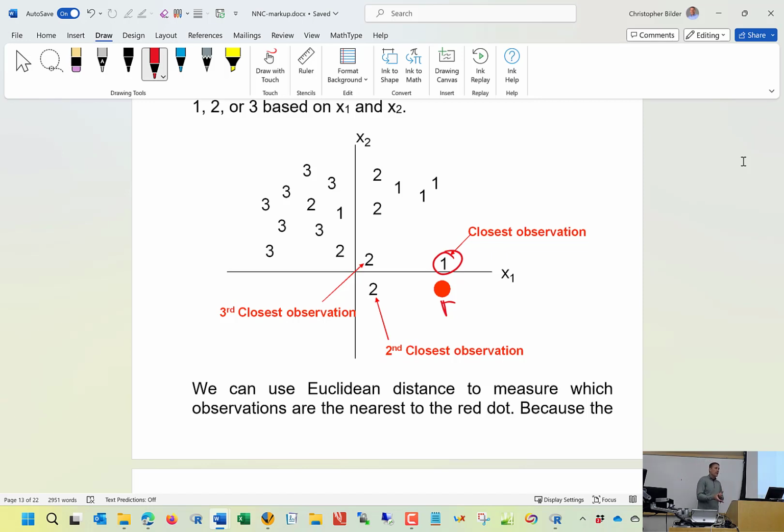If instead we use the function knn, and this red dot was in my data set, and we were trying to classify or predict the observations in this data set itself, then whatever the particular group for that red dot, let's say it was 1, that would be factored into the k nearest neighbors.